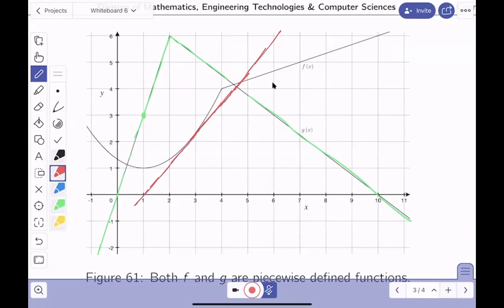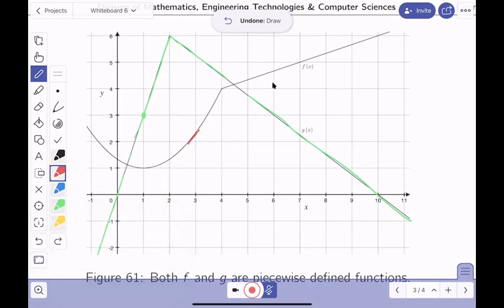Let me take a look at that. Still don't know if I did a great job on that. No, I still don't think I got their line. Let me try again. This is probably trying to ballpark things.